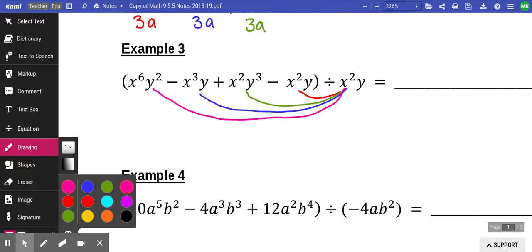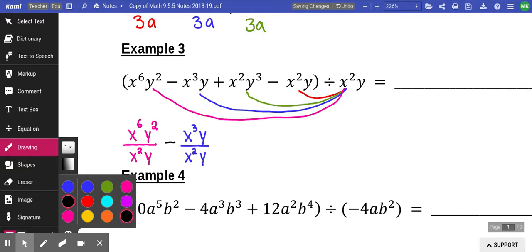So again, I write these as individual fractions first, just so I can kind of see what's going on. So the first term was x to the 6 y squared, and I'm now dividing it by x squared y. That's the first term. Then I have a minus. Now I have my blue distribution. So I have x cubed y divided by x squared y.